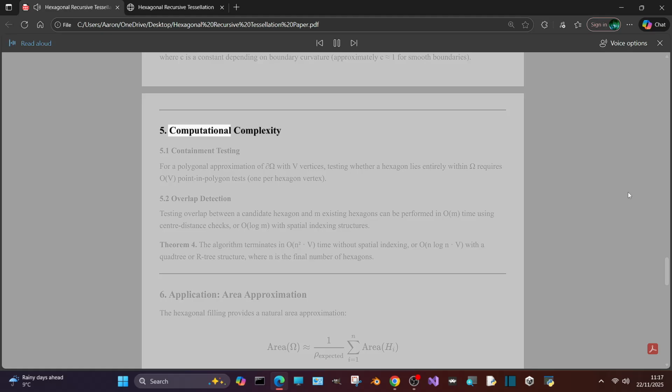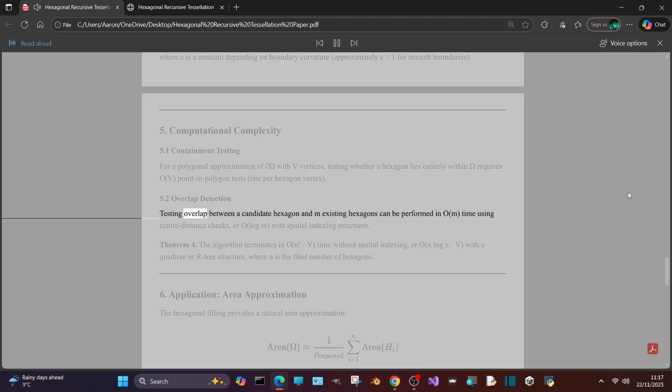5. Computational complexity. 5.1 Containment testing. For a polygonal approximation of the boundary of omega with V vertices, testing whether a hexagon lies entirely within omega requires O(V) point-in-polygon tests, one per hexagon vertex. 5.2 Overlap detection.